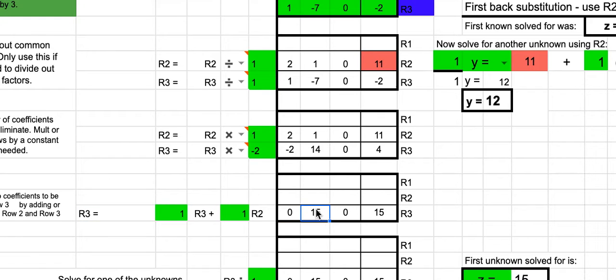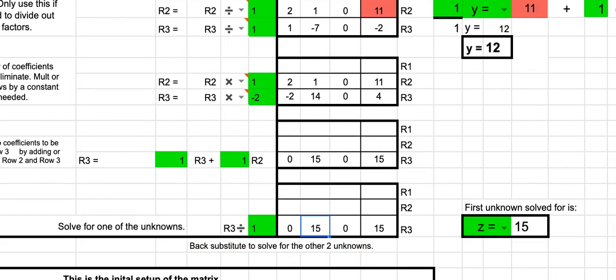So notice now it says I've got 15y equals 15. What do I need to divide both sides by? By 15. Okay, and I end up with, that's now y. So now y equals 1.